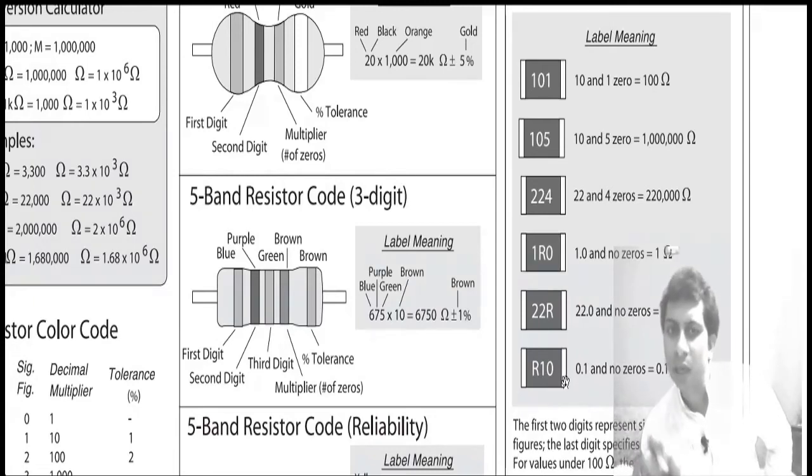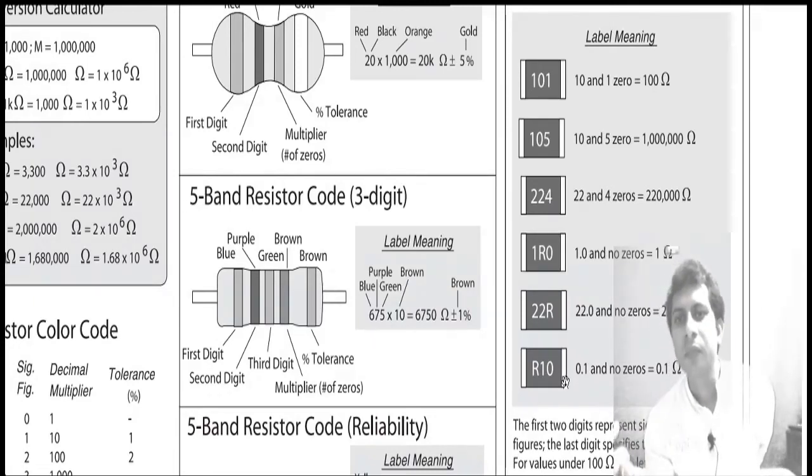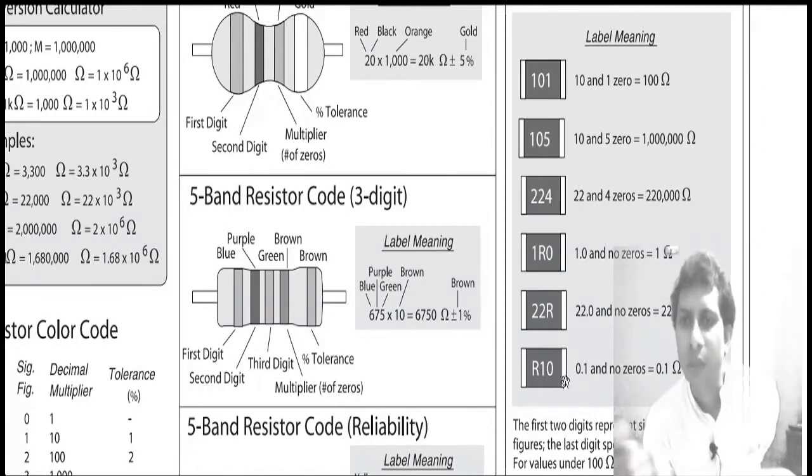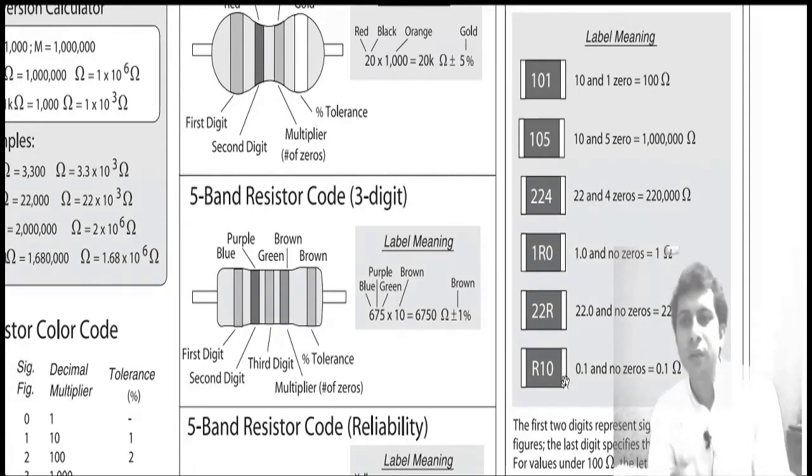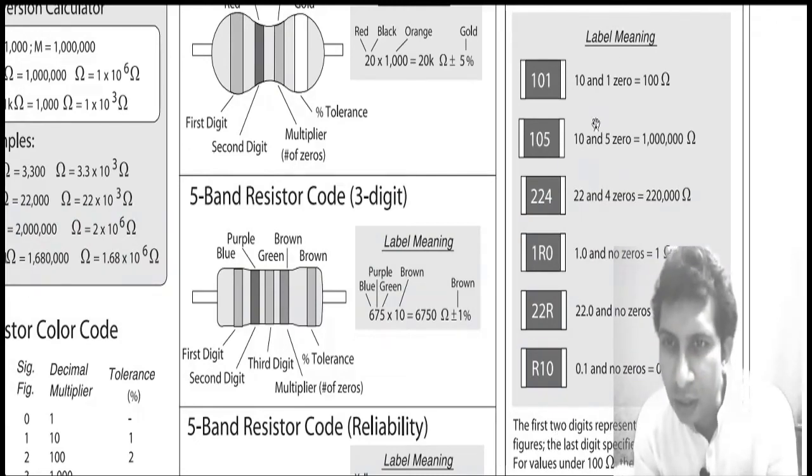If you have such LED strips, you can find out the value by using a multimeter, or otherwise you can read out those codes, 101, 105, whatever is written on them, and find the meaning of those codes. So let's start how to read it.